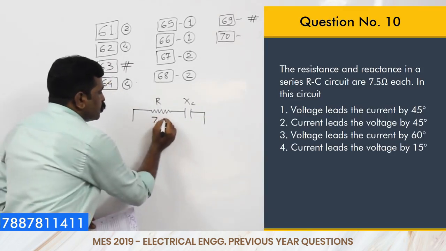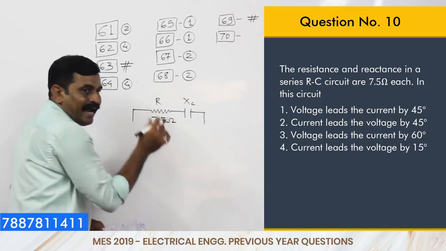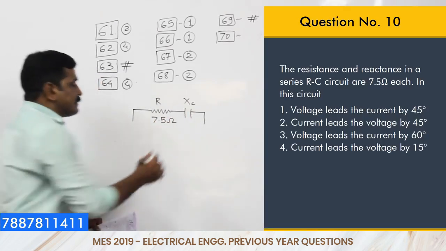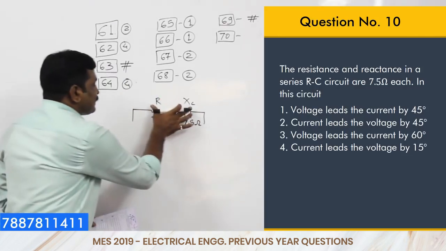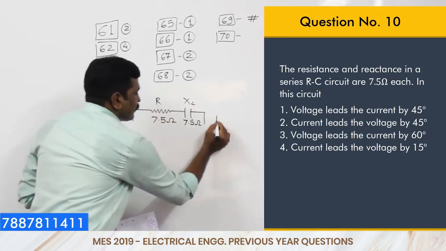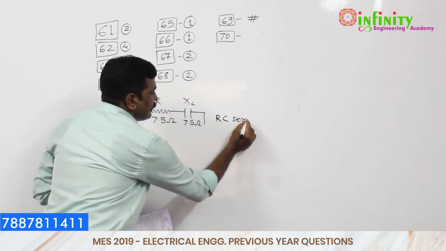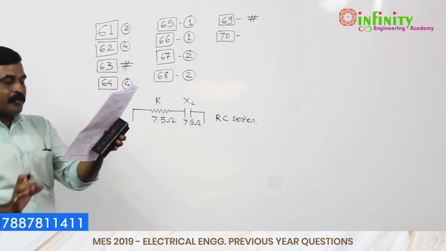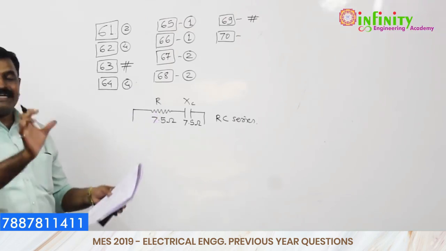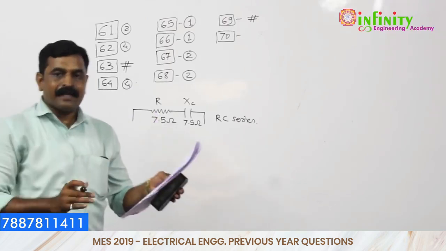Its value is 7.5 ohm, and the value of capacitive reactance is also 7.5 ohm, both having the same value. RC connected in series, so this is nothing but the RC series network. And what is the question? In this particular circuit, what is the relation between current and voltage, and what is the lagging angle?